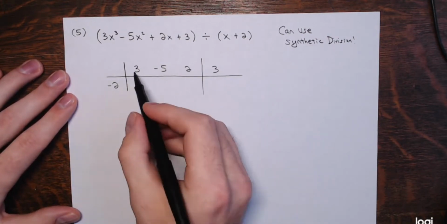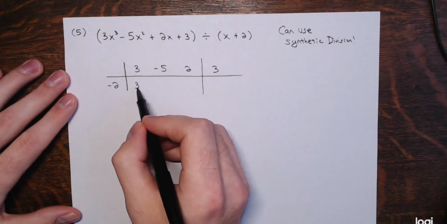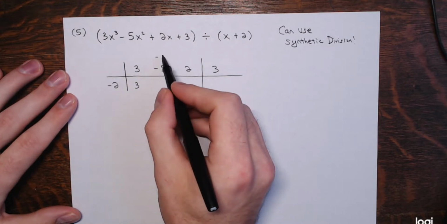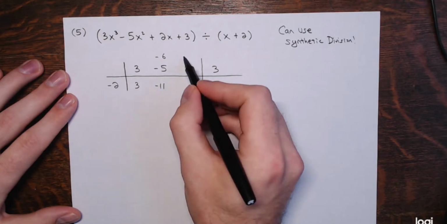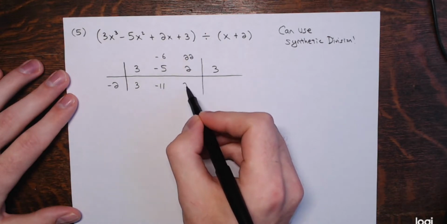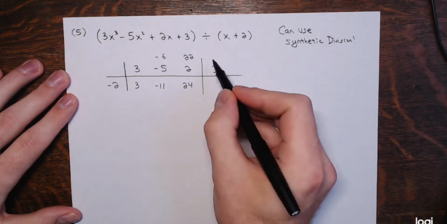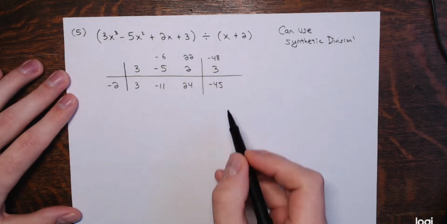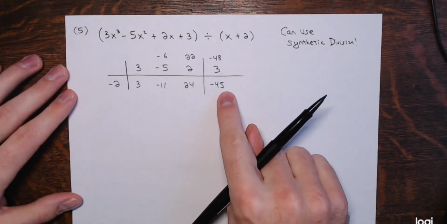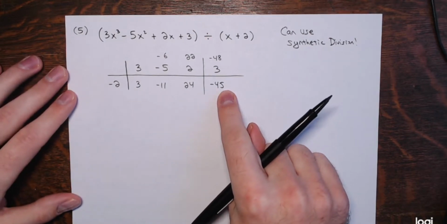Then I drop the first coefficient 3, multiply by k is negative 6, add, you get negative 11. Multiply by k is positive 22, add, you get 24. Multiply by k, that's negative 48, add, you got negative 45, and there you go. And I don't have to multiply the remainder by anything. All right, that is the remainder.